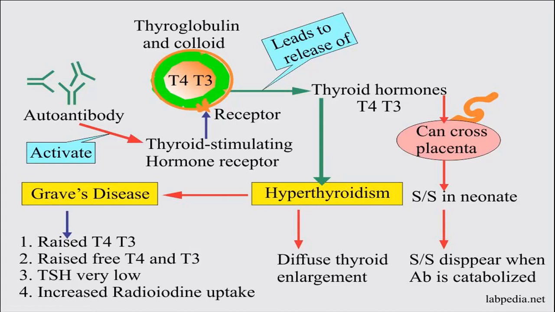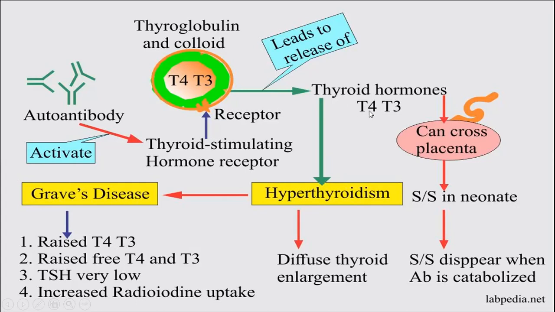Autoantibodies that compete with TSH for binding to TSH receptors are called TSH receptor autoantibodies. These autoantibodies block the TSH receptor site, block TSH action, and stimulate the cell through the TSH receptors. So it produces a lot of hormones, leading to increased production of T4 and T3.